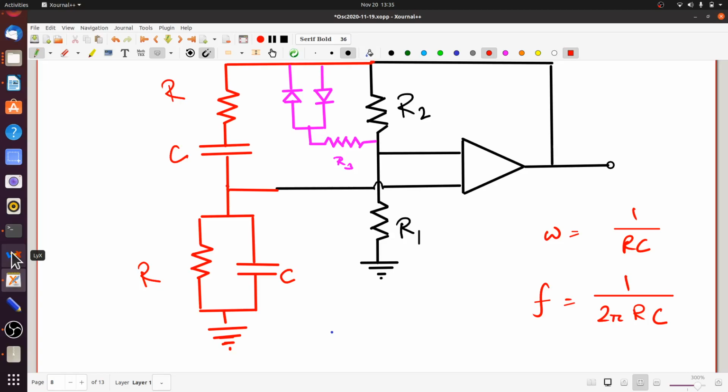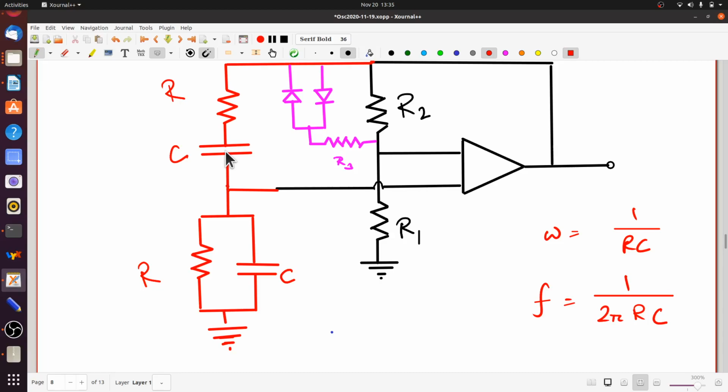Just to contrast that with this case, notice that here the amplifier part of the Wien Bridge oscillator was a non-inverting amplifier that caused no phase shift whatsoever. And the feedback part actually caused different amounts of phase shifts for different frequencies, and hence here the feedback and the frequency selection network are one and the same.